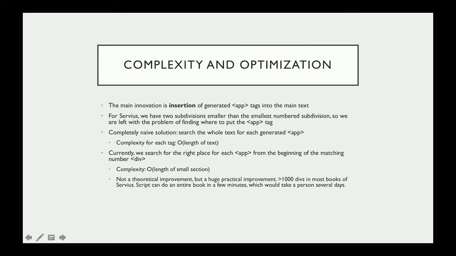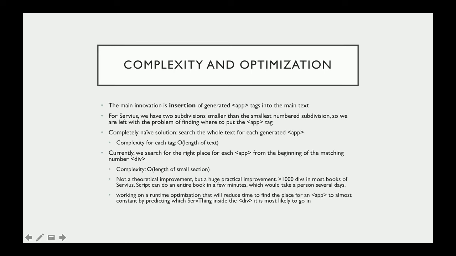There are over 1,000 divs in most books of Servius. My script can do an entire book in a few minutes, which would take the average person several days. I'm currently working on a runtime optimization that will reduce the time to find the place for an app tag to almost constant by predicting which ServThing inside the div it is most likely to go in.